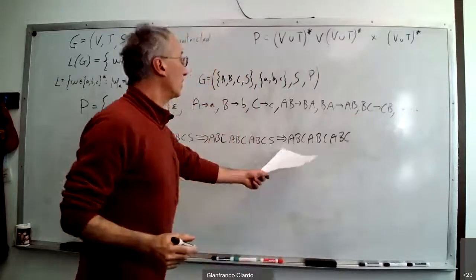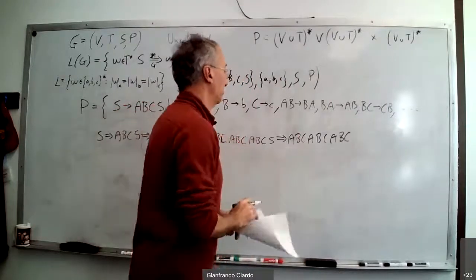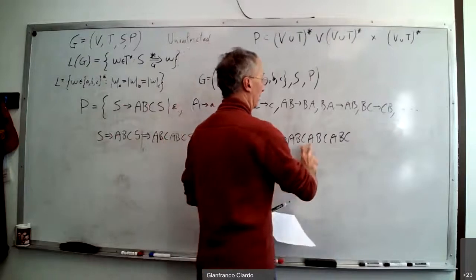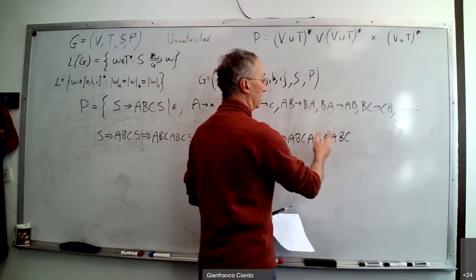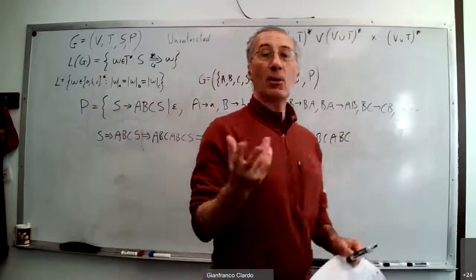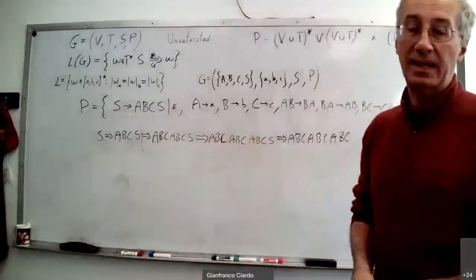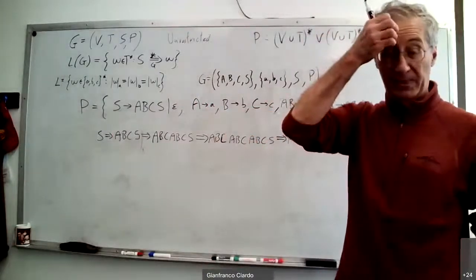So I can do all the pairwise swaps. So now, obviously, if I have this, I can change this AB this way, and then the CB, and then this one in any order. And no matter what I swap, I will always still get the same number of A's and B's, right?